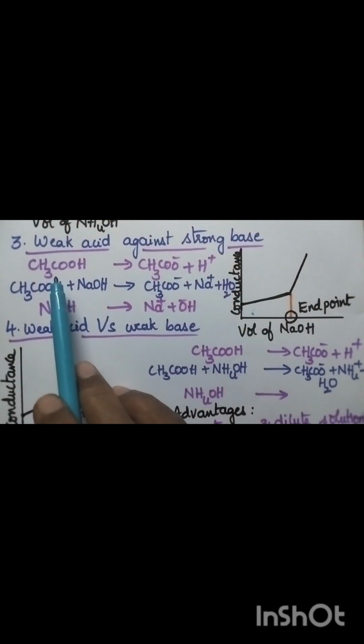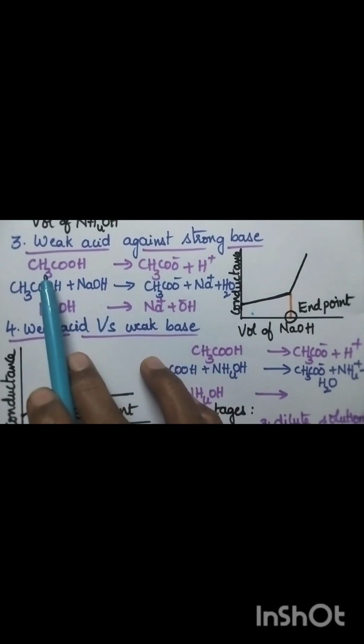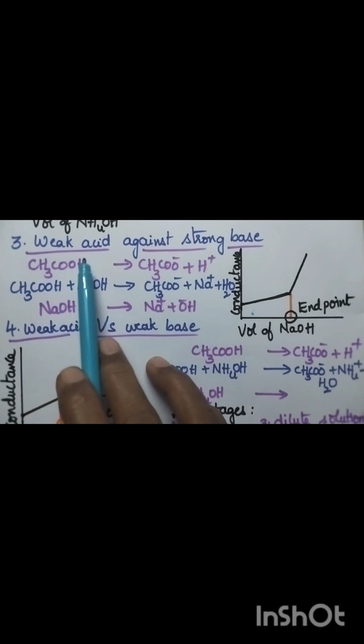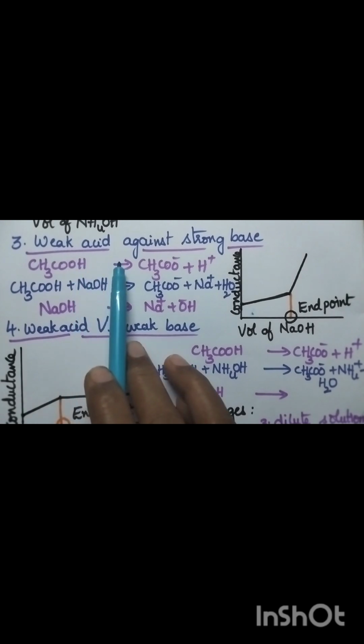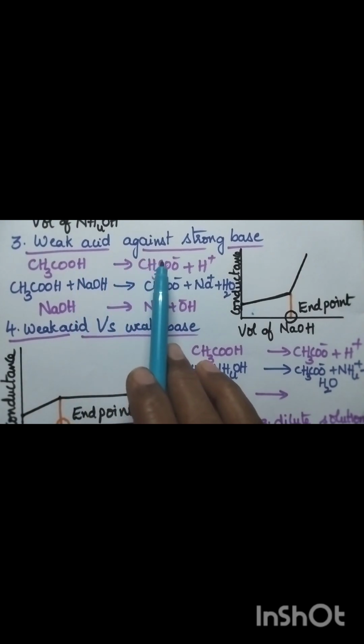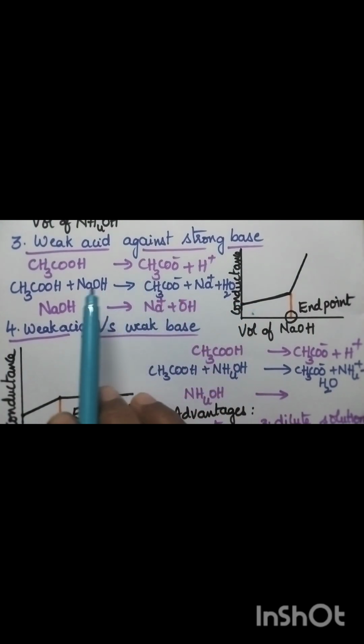Coming to the titration of weak acid against strong base. Here, acetic acid is a good example of a weak acid. Always remember, a weak acid dissociates to a lesser extent, hence its conductance is very low. So to that weak acid, when we go on adding 1 ml of NaOH each time, what happens?